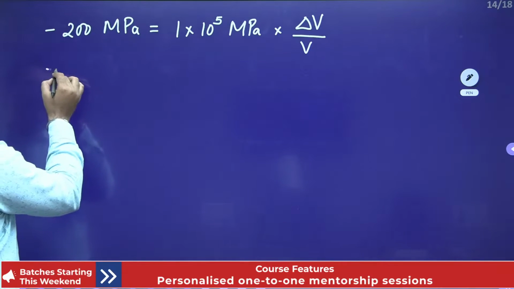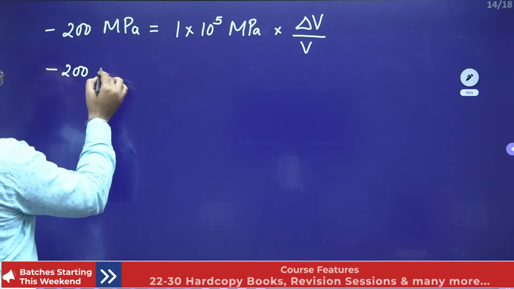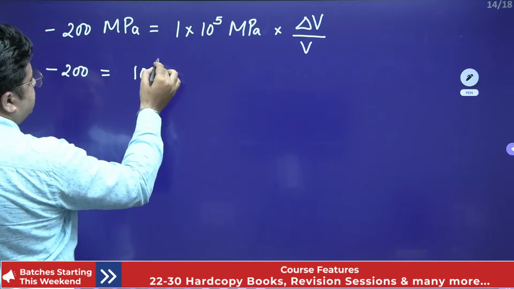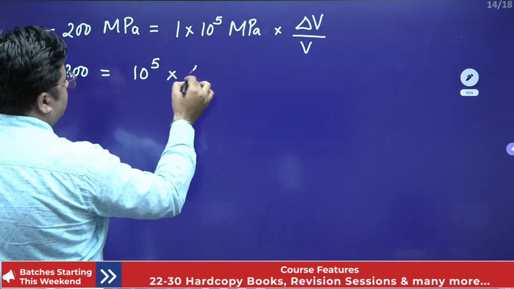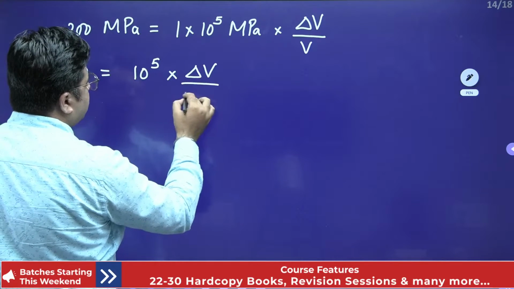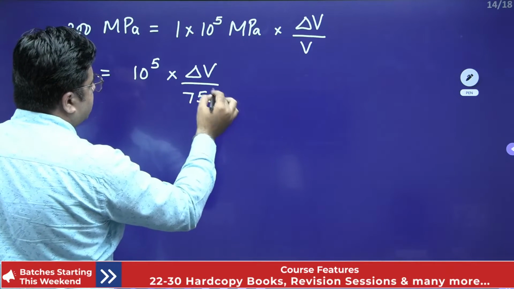So I'll write minus 200 is equal to 10 raised to power 5 into delta V upon 7500.